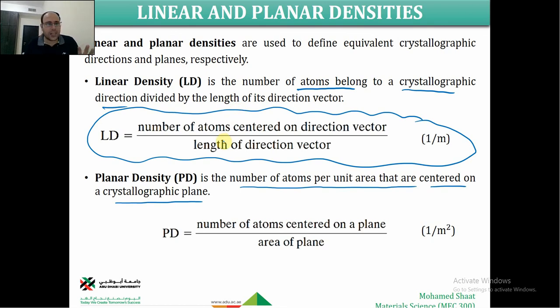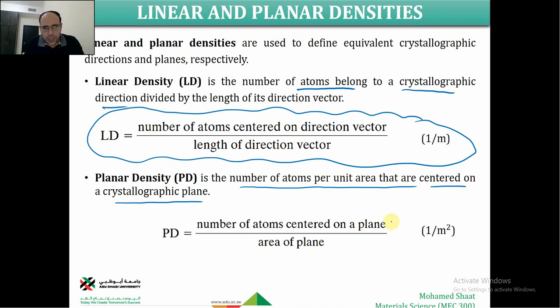This is how we can calculate the linear density. Again, some of the properties of the material are related to the linear density, so you should know how to calculate it, because we're going to use it next. I'm going to give you an example of how we can calculate it.